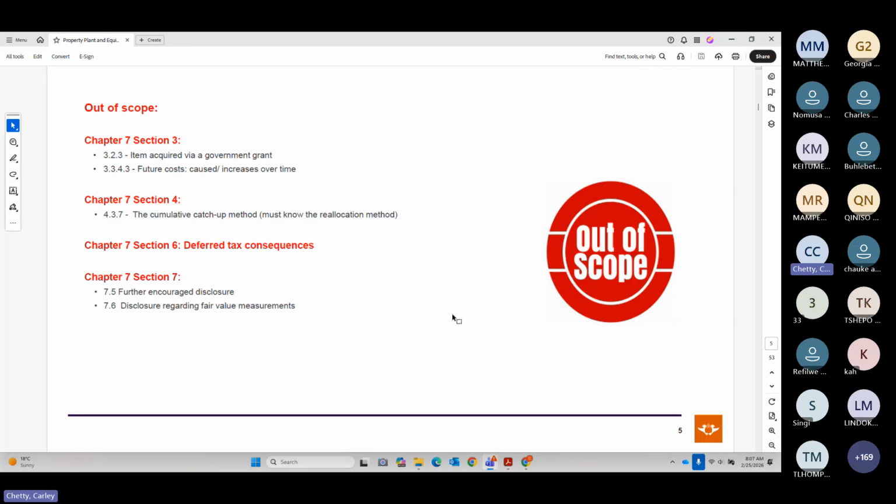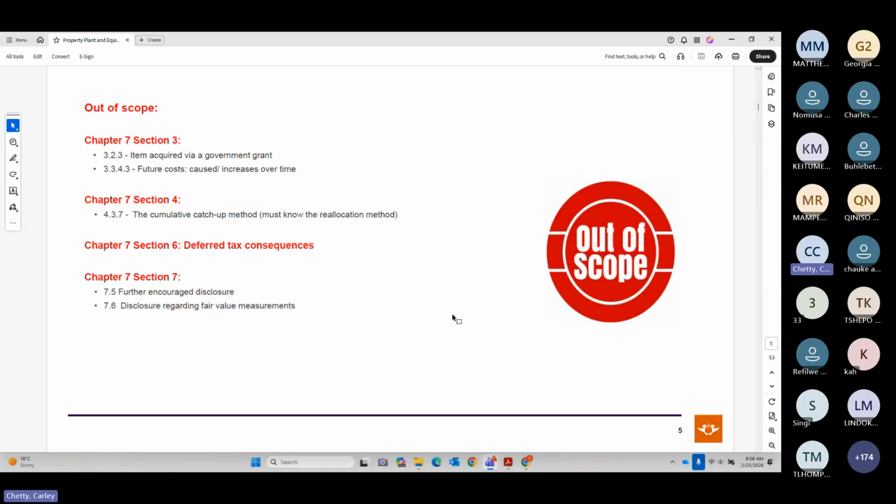Let's have a look at those items that are out of scope. So if you read it in your textbook, in your Grip and Garb textbook, these topics are out of scope. So if you look at Chapter 7, Section 3, items acquired via a government grant, we are not concerned with that for the purposes of this module. Future costs caused or increased over time.